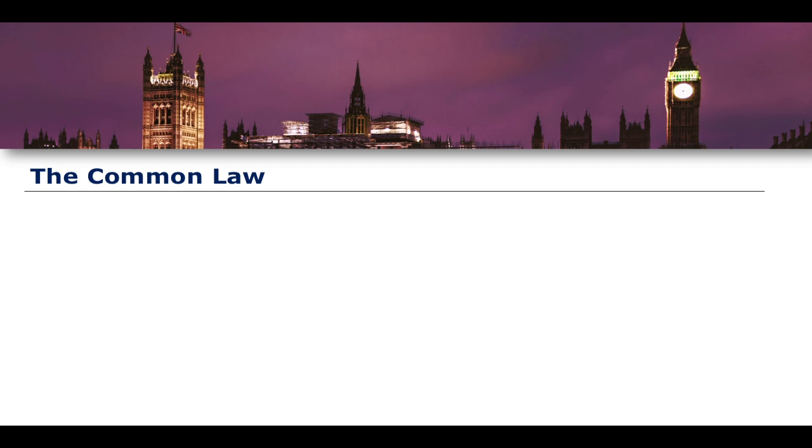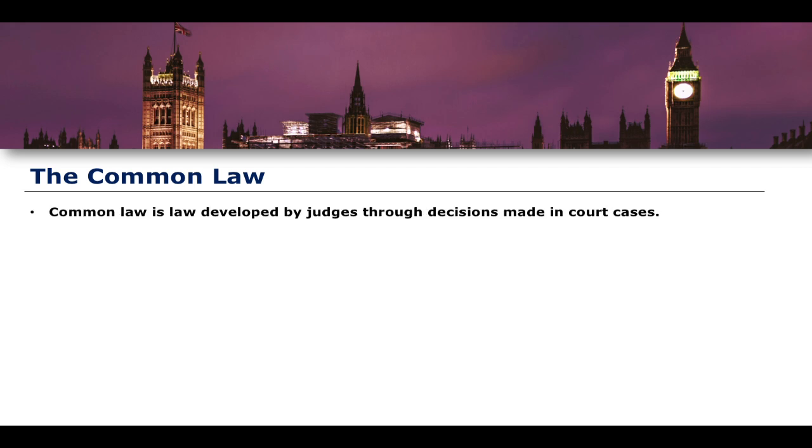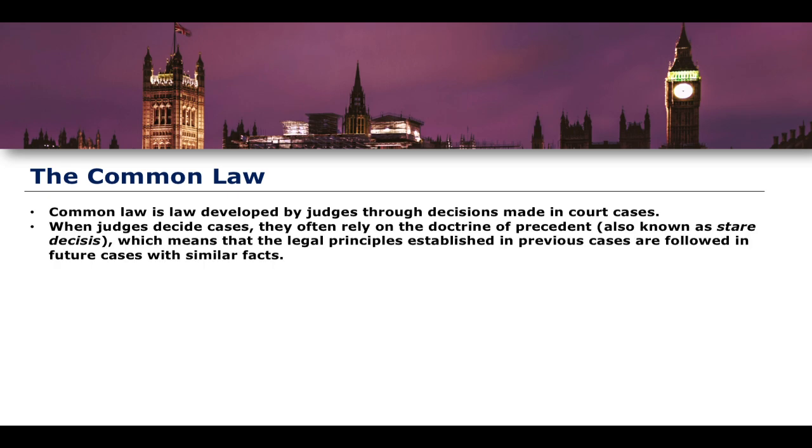In addition to the legislative process and to statute law being a major source of law in England and Wales, we also have the common law. The common law is the law which is developed by judges through decisions which are made in court cases. So, for example, when judges decide cases, they often will rely on something known as the doctrine of precedent, which is sometimes described as the principle of stare decisis.